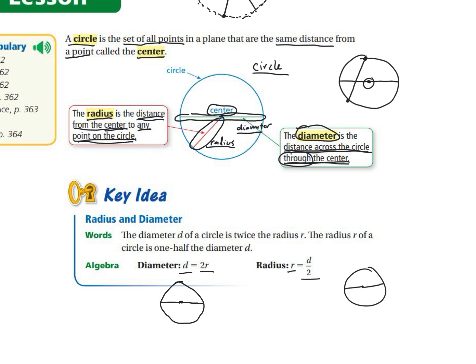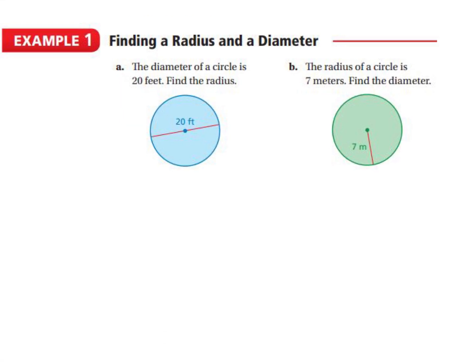Okay. One asks us to look at a couple circles here and to either find the radius or diameter. Now it kind of depends on which one you have, right? So in example A, we see that we have a diameter. It goes all the way across the circle, and it tells us that this is 20 feet.